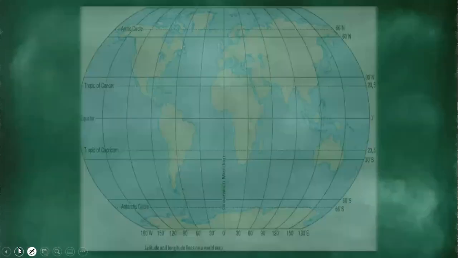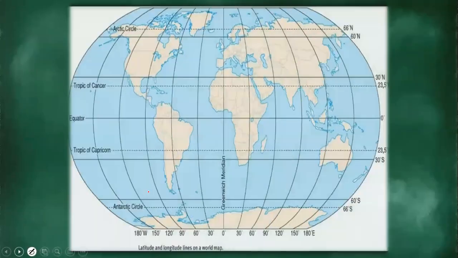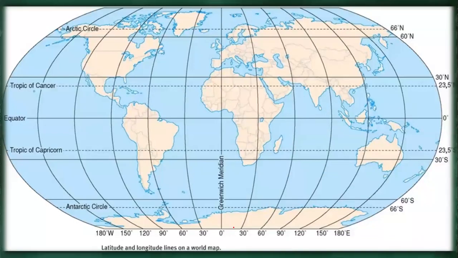As you can see here, this is the full globe, and this is how it looks. We have the Tropic of Cancer, and we have the equatorial line that divides the world. And we also have the Greenwich Meridian, which goes from the side.